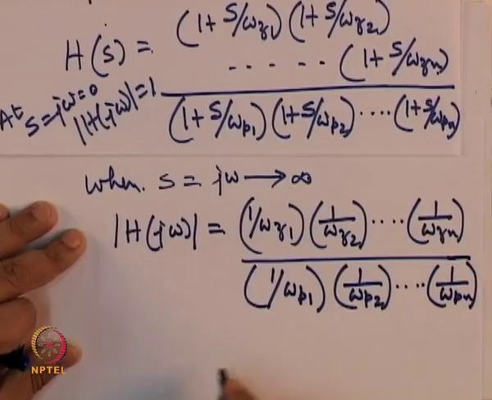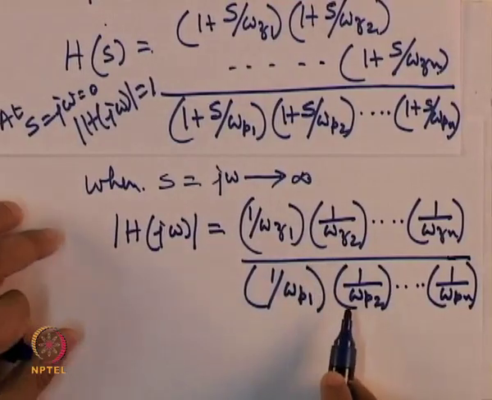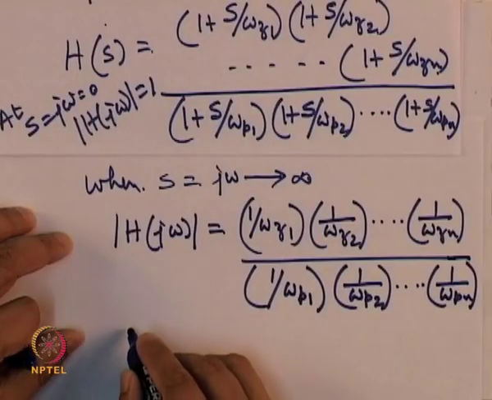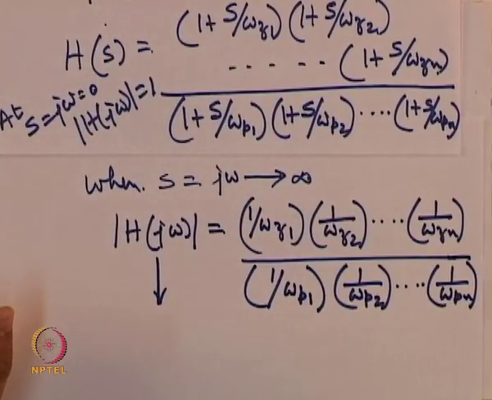You see that depending on the values of omega z's and the omega p's, we can make H of j omega tend to be lower.